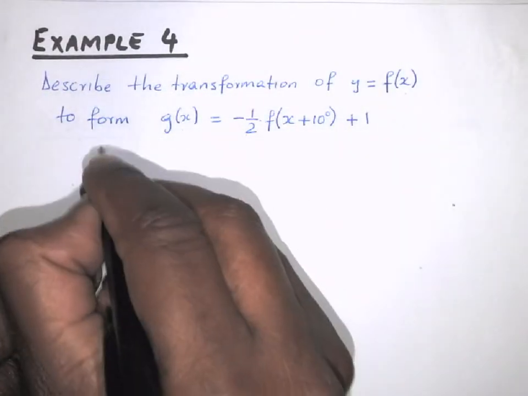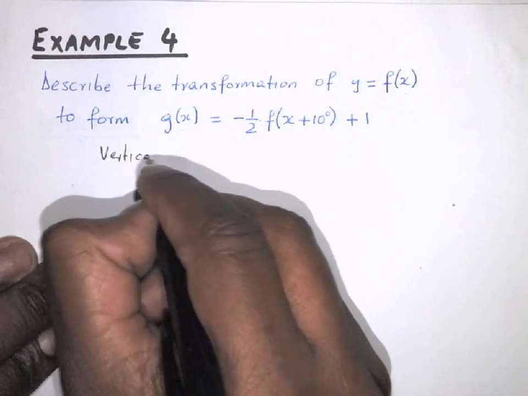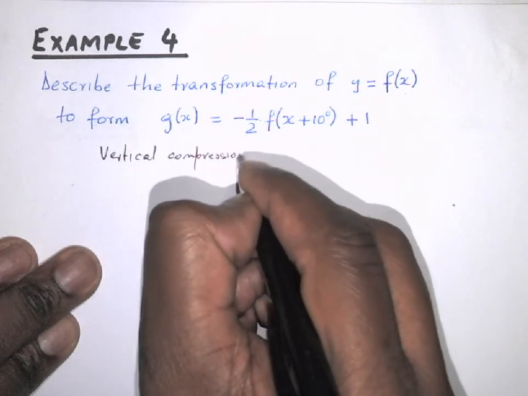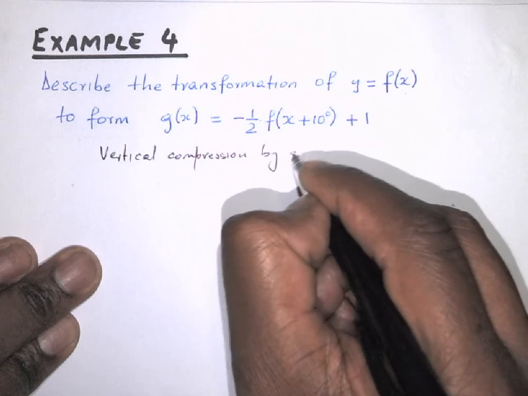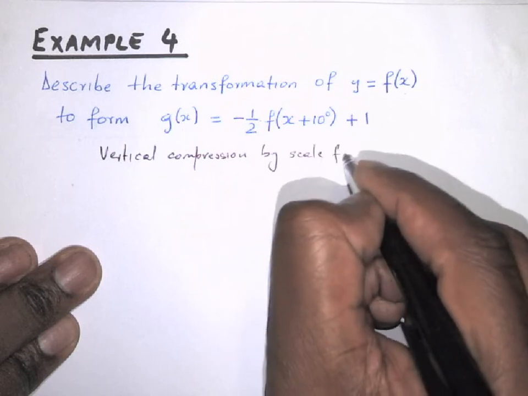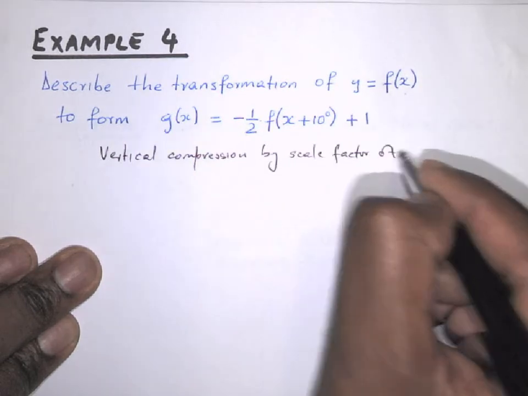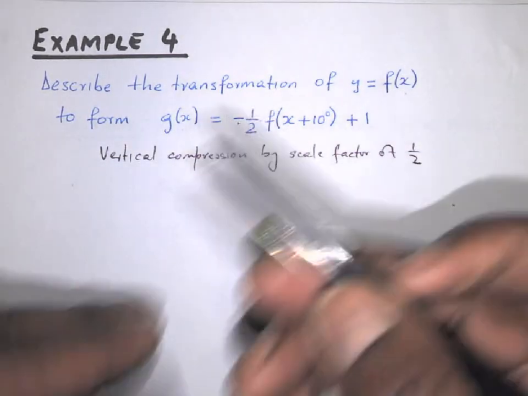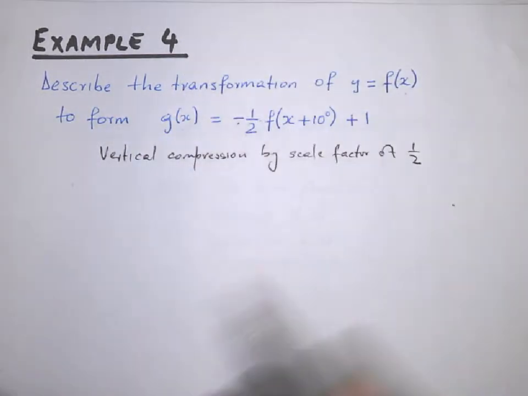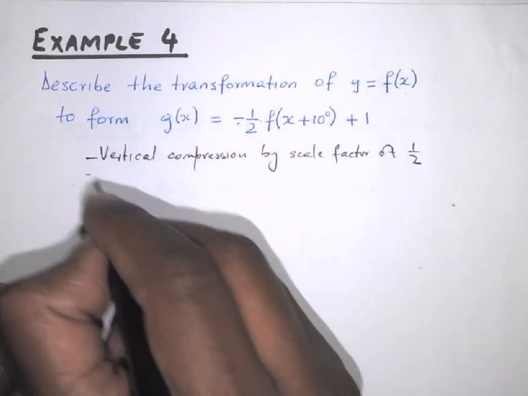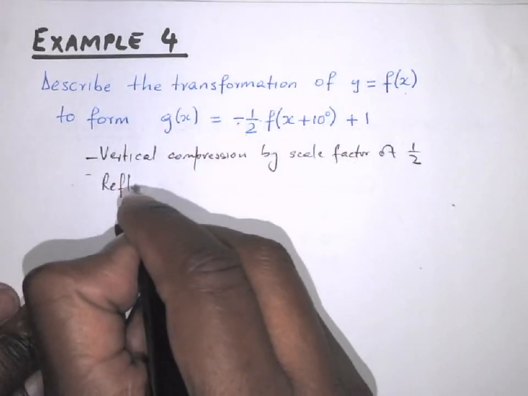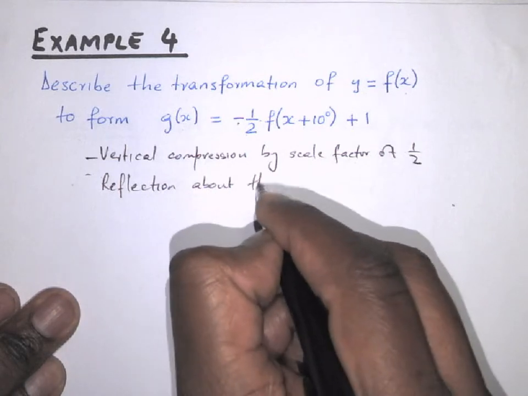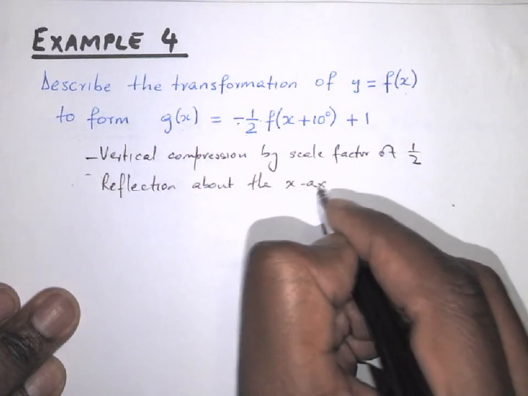Can you write that? Vertical compression by scale factor of a half. And then there's a minus there, meaning now I've reflected about the x-axis. All right, we also had a reflection about the x-axis.